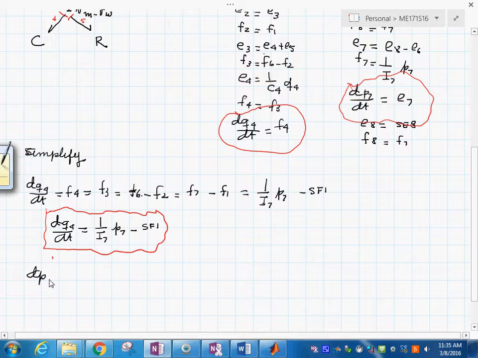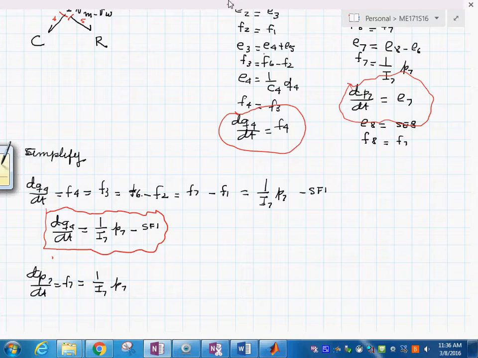It's not F7, this is E7. See here, this is equal to E sub 7 right from here. But E7 is E sub 8 minus E sub 6. And then what is E sub 8 over here? Do you see it? Yeah, it's SE8, right?